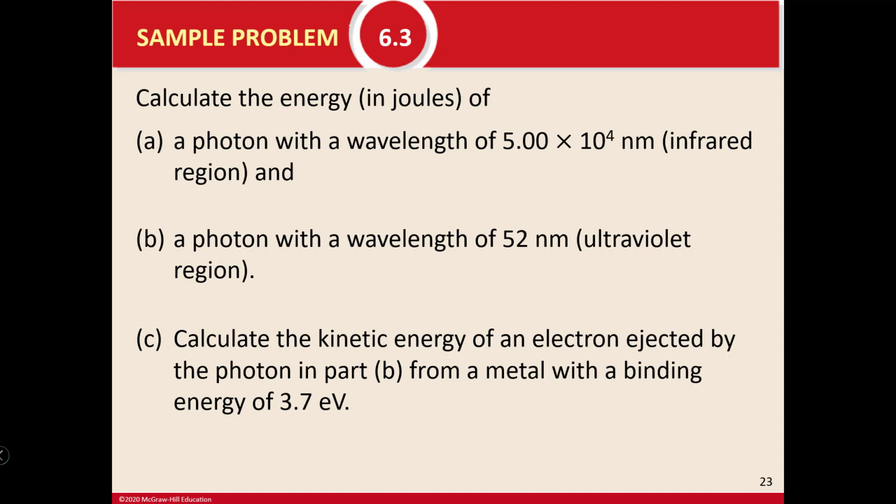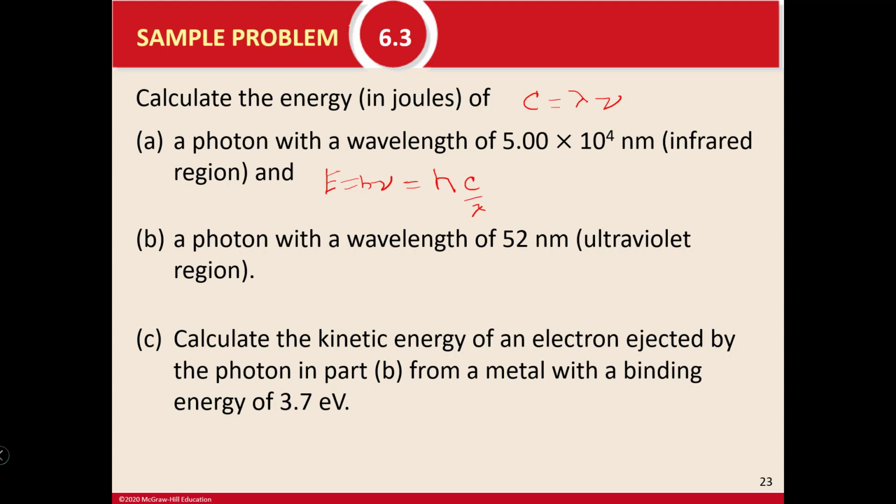All right, so for the first one, they just want us to calculate the energy. Well, we know this. E equals h nu. And here's a substitution. H, and then for nu, we're going to put in the speed of light divided by the wavelength. Because we learned previously that the speed of any wave is equal to its wavelength times its frequency.